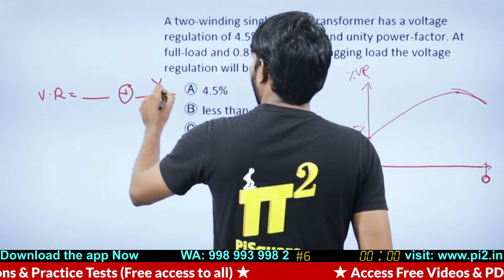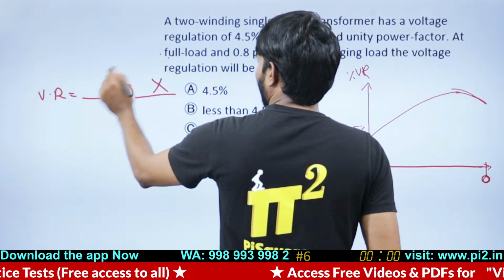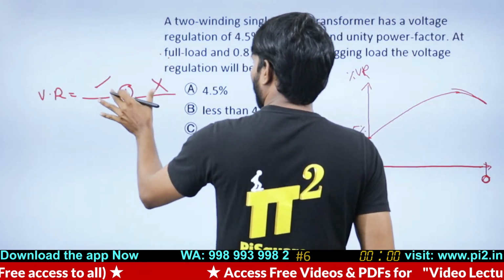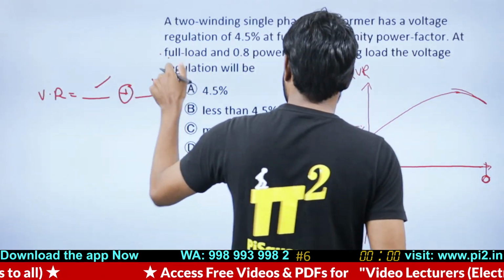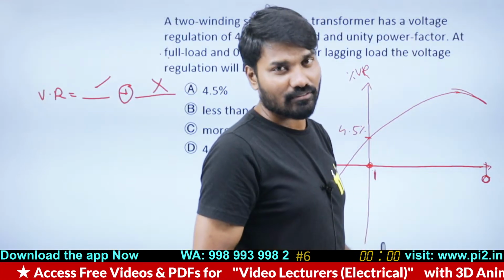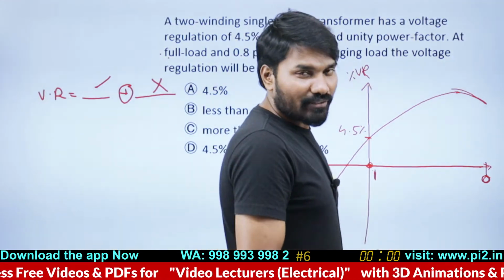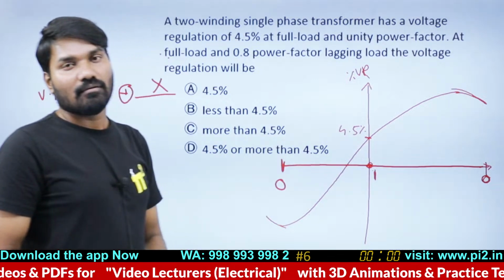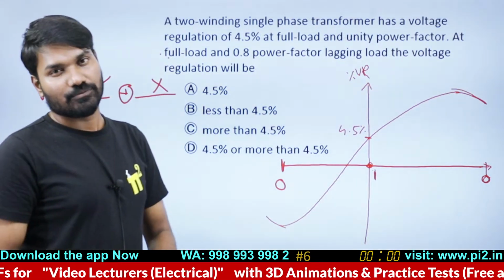This term will not be there if it is unity power factor, only this term will be there. If it is a lagging power factor, both terms will be there with the plus sign. As long as it is a plus sign, the value will be higher. Simple. Percentage R into sin phi 2 plus percentage R into cos phi 2.